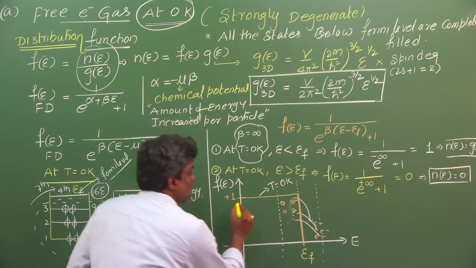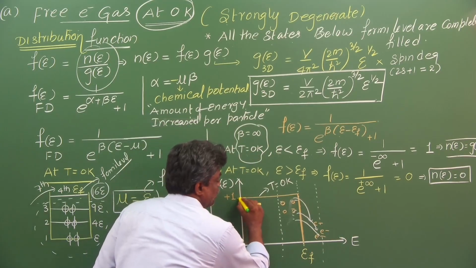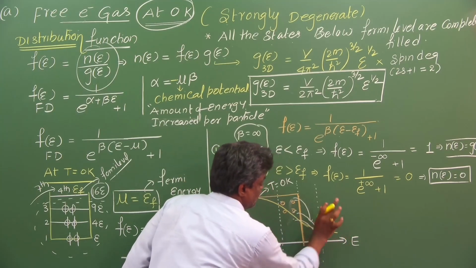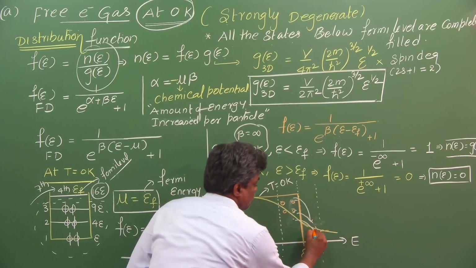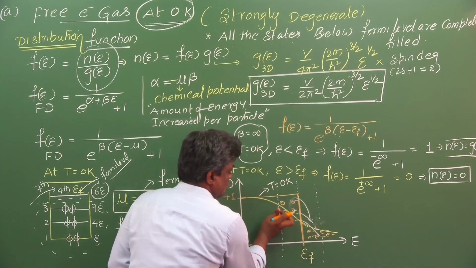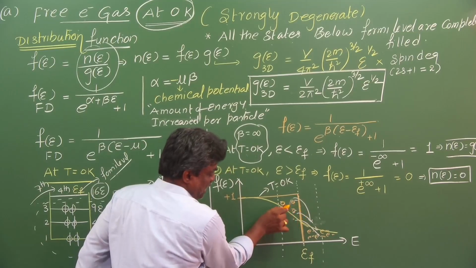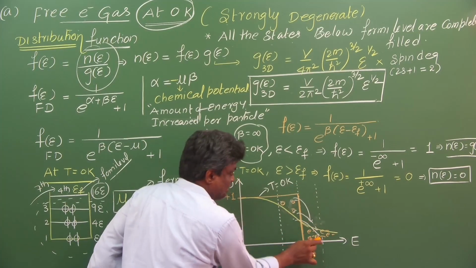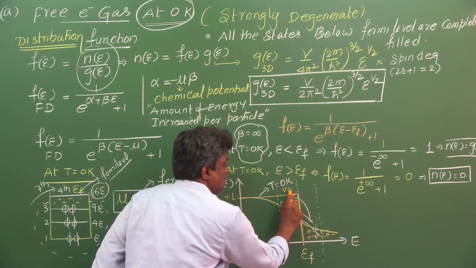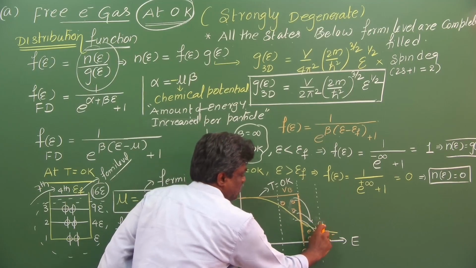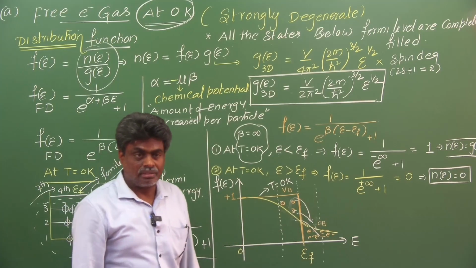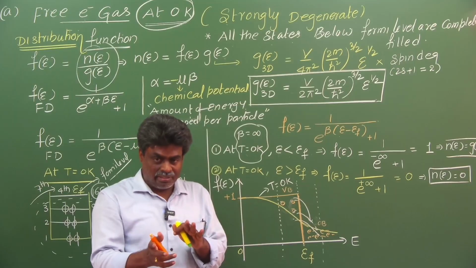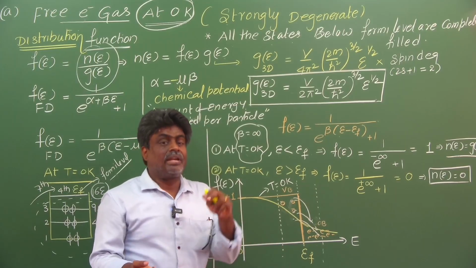That means once the temperature is increased, your distribution function will be like this. All these electrons are vacating their sites and occupying the higher level. Here you will get a valence band and here you will get a conduction band. So the Fermi level lies exactly in between the valence and conduction band for an intrinsic semiconductor.